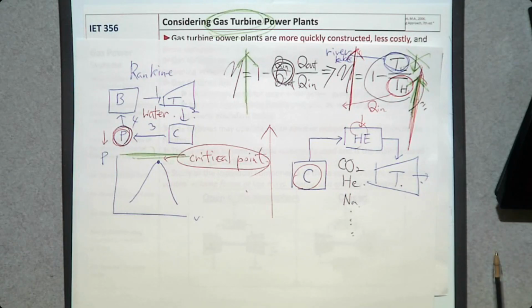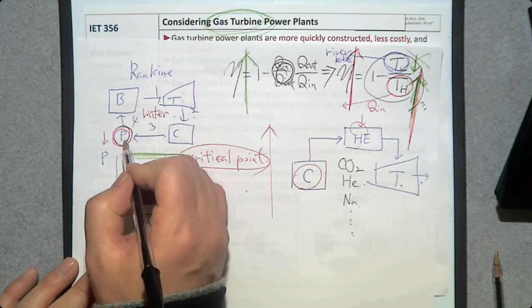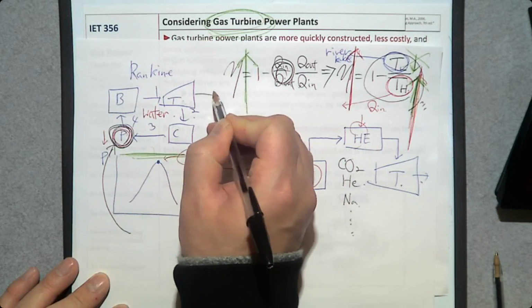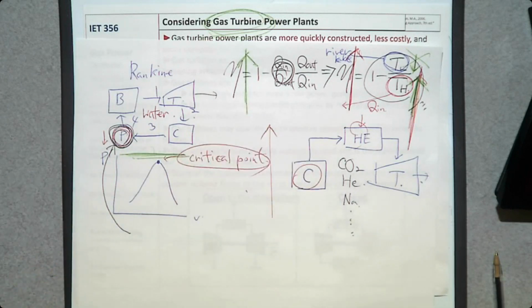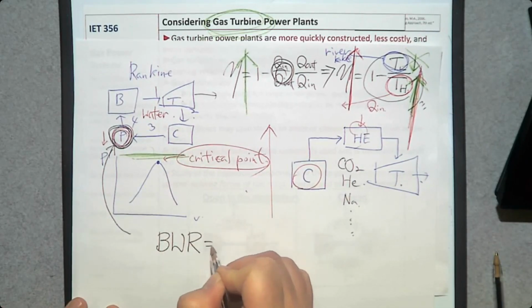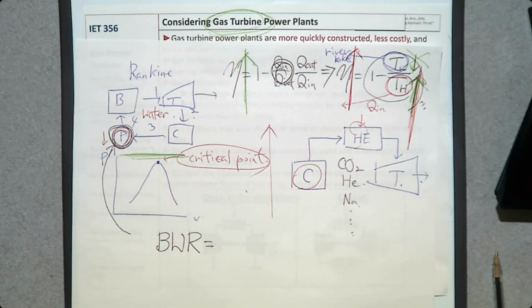Then let's talk about the problem. How much of the power that the turbine produces does this pump consume? We can use one parameter to discuss that, the back work ratio. So what is the back work ratio? How much power we use to run the pump out of what we produce?